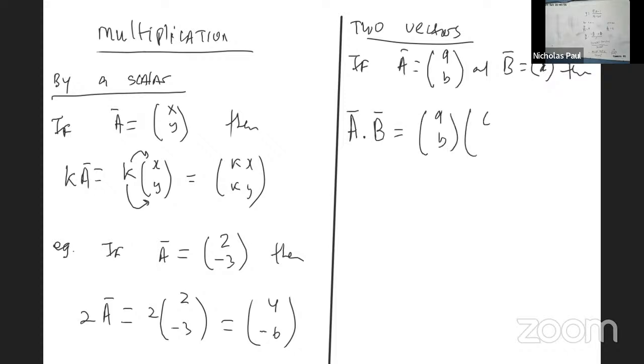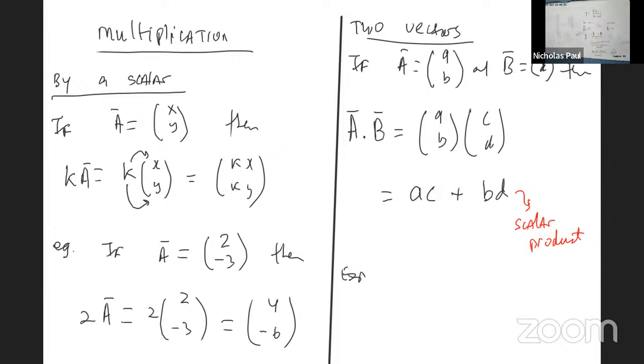And here's what you're going to do. You're going to multiply the two x values, a by c. Then you're going to multiply the two y values, b by d, and add them. This is no longer a vector, right? That's why we sometimes call this the scalar product, right? That's why we call this a scalar product.